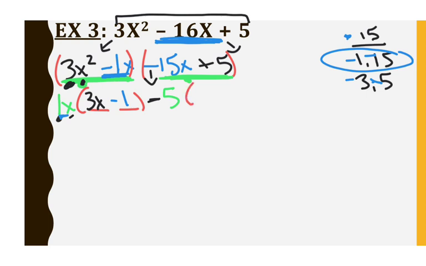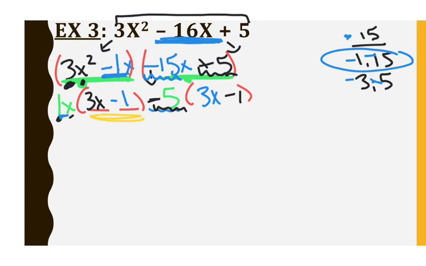So parentheses. Then we're going to divide. So if I divide negative 15 divided by negative 5, I get positive 3. Bring down that x. If I look at the second term, I have positive 5 divided by negative 5, which is negative 1. Close parenthesis.